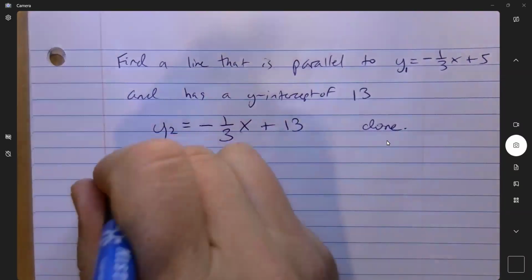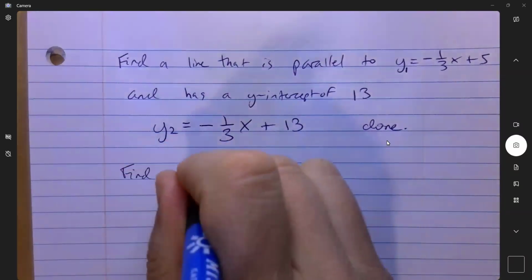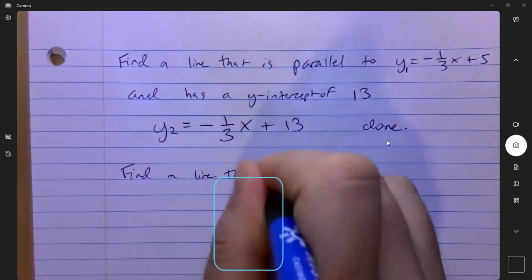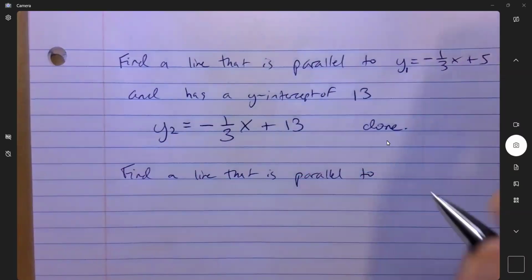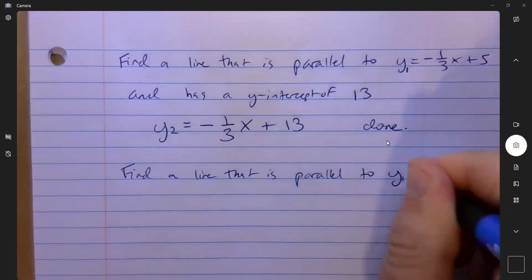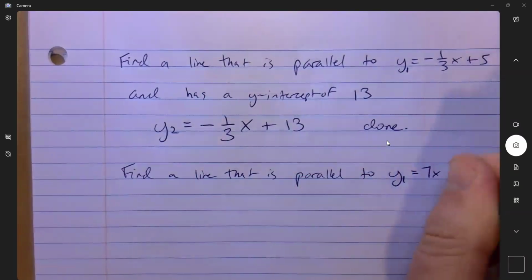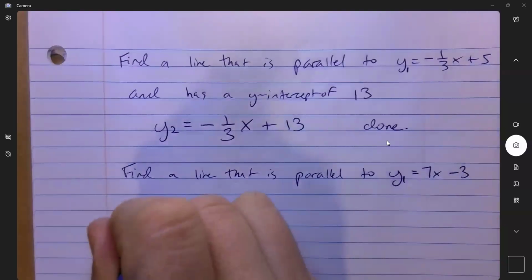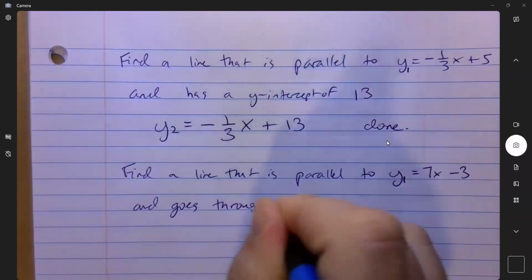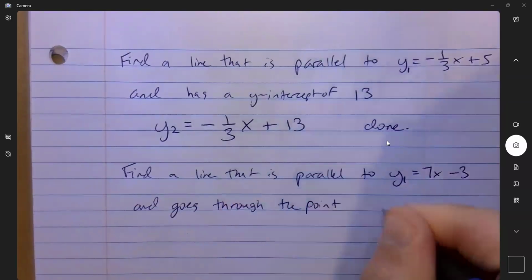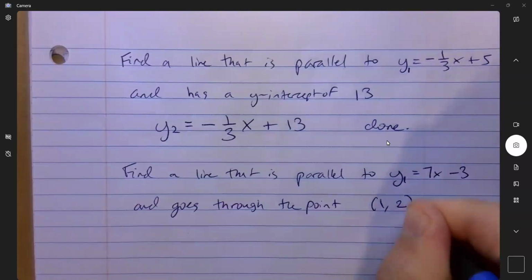I could also ask you to find a line that is parallel to, let's see, y1 equals 7x minus 3 and goes through the point (1, 2).